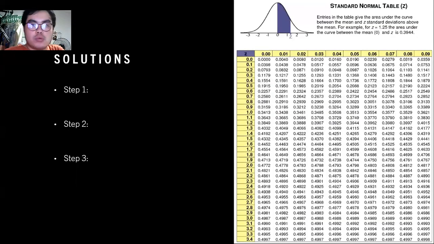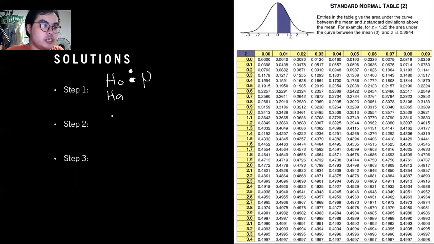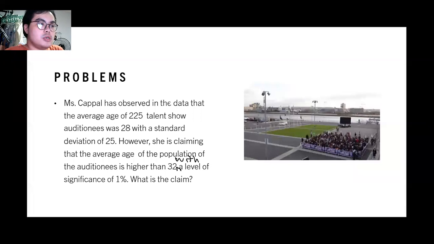Okay, so what we are going to do here is state the null and the alternative. So we can tell that the population mean, going back, is 32, so mu is equal to 32, while in the alternative hypothesis, we can find this through observing yung kiniklaim ng tao.